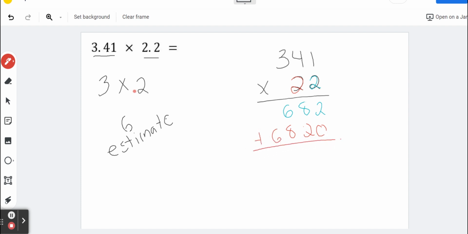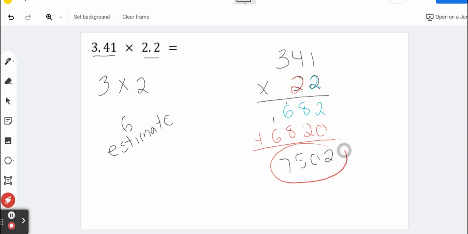Again, if you notice, I got the same digits, 628, 628. But the reason this has a 0 is because this is technically a 20. And then we add up the two numbers we got. 2 plus 0, 2. 8 plus 2, 10. 1 plus 6 is 7. 7 plus 8 is 15. And 1 plus 6 is 7.